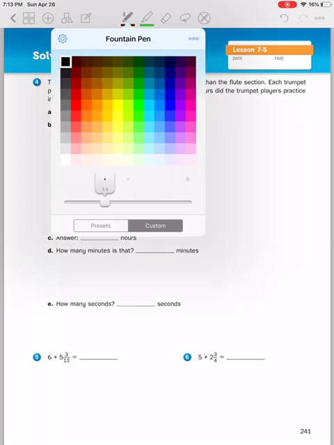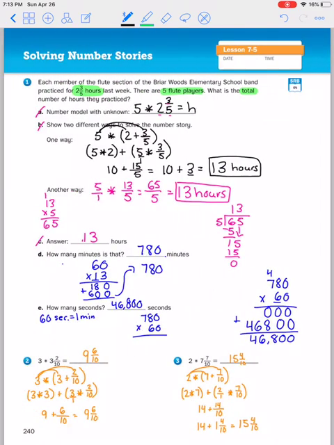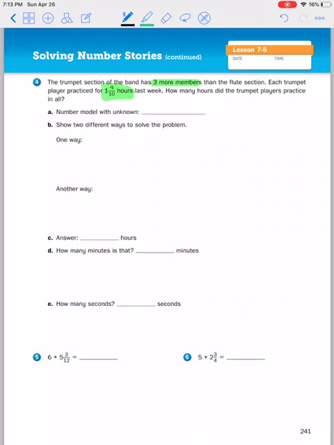Well, first we need to go back and make sure we remember how many people there were in the flute section. So there was 5. So I had 5 people in the flute section. Now they have 3 more members in the trumpet section. So 5 plus 3.